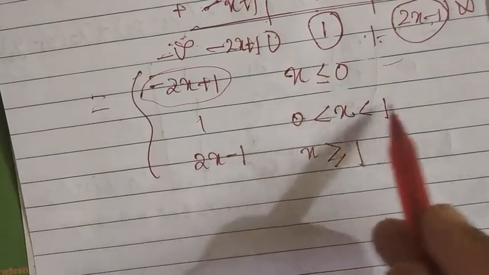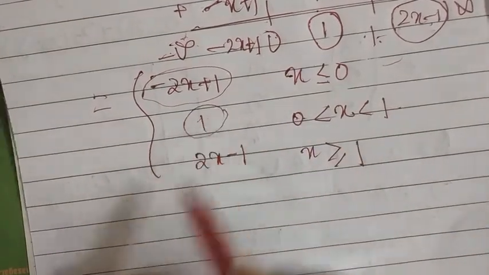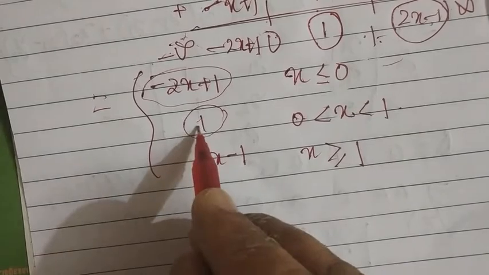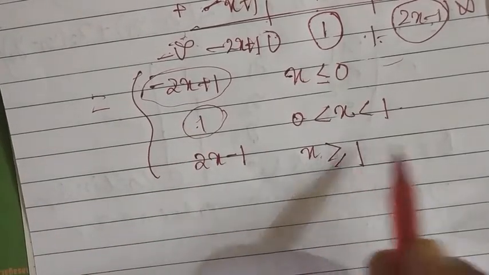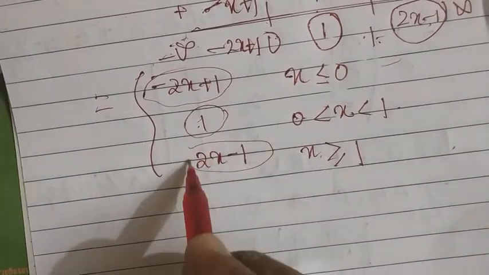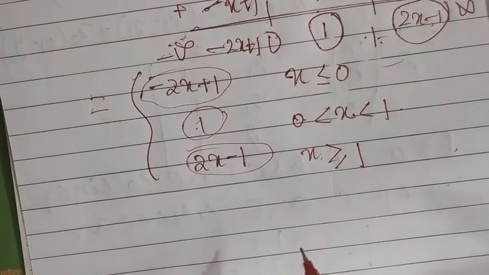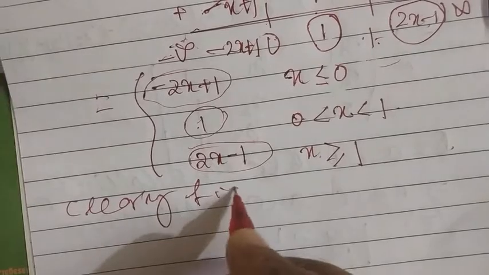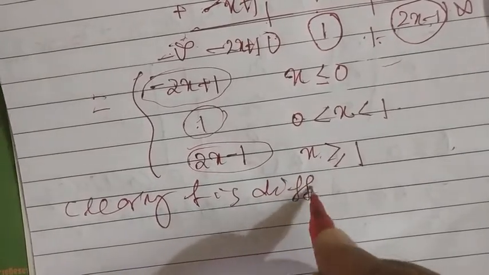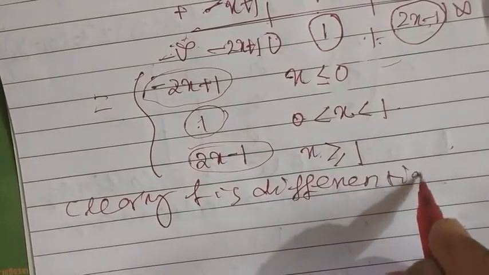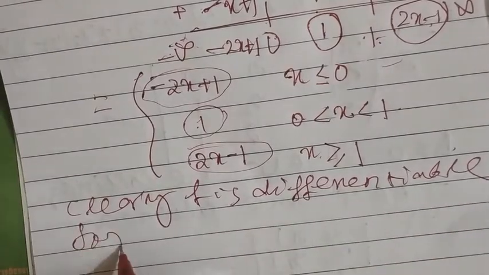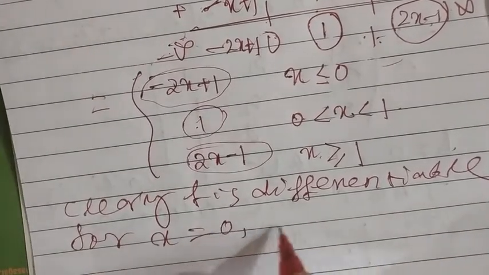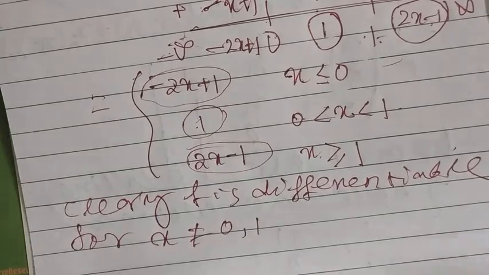Between 0 and 1, it is a constant function, so it is differentiable. If x is more than 1, it is a polynomial, which is also differentiable. Now clearly f is differentiable for x not equal to 0 and 1.